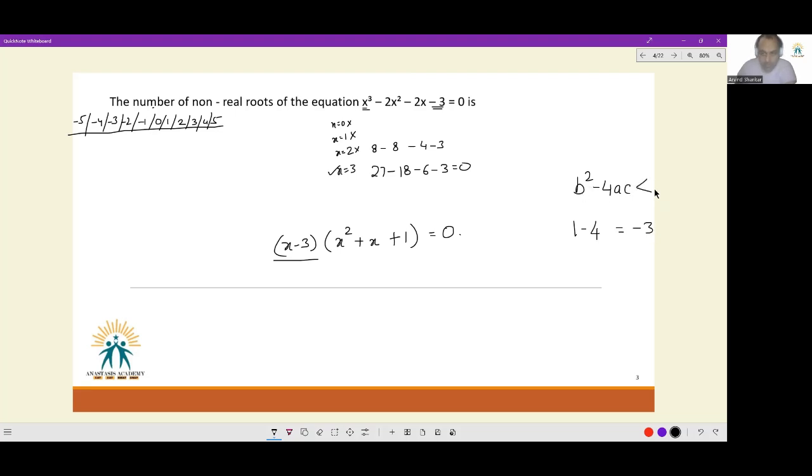When b square minus 4ac is less than 0, then the roots are unreal. So there are 2 non-real roots. Here, there is 1 real root. So the number of non-real roots for the equation is 2.